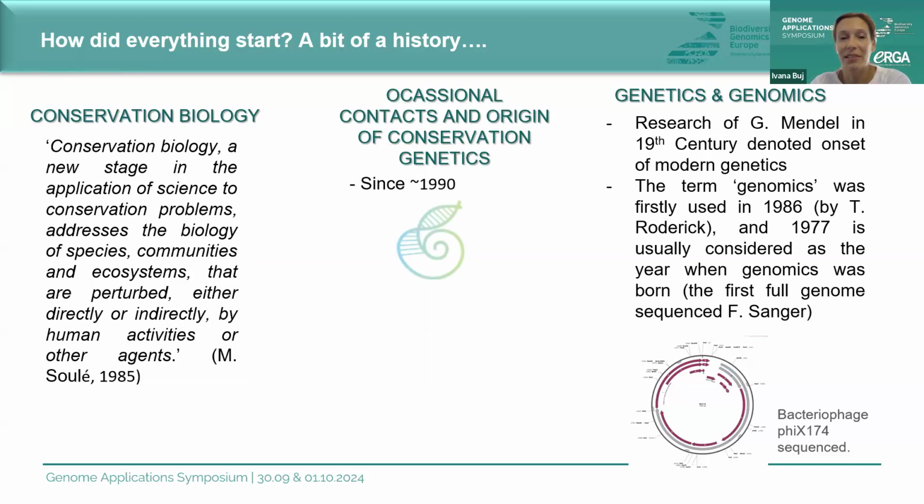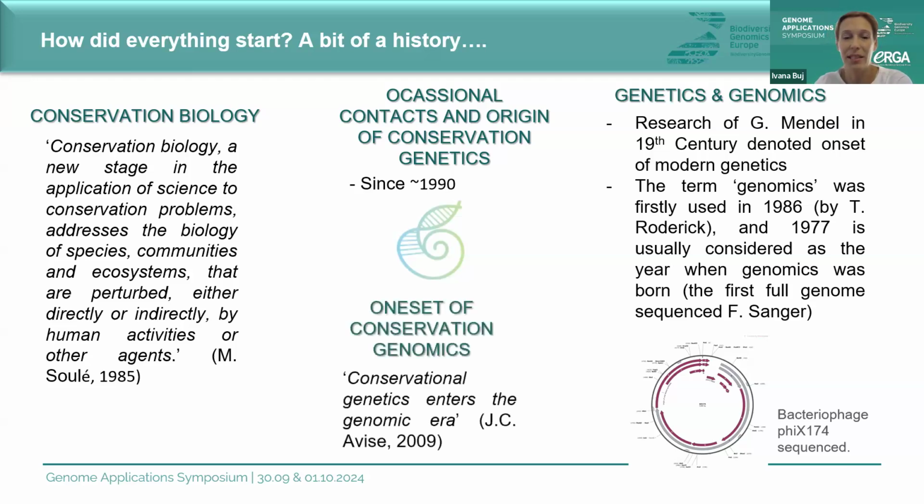This symbol nicely illustrates how DNA investigations are important for biodiversity description. Completely different teachers are teaching these subjects, so it is quite distinct still. Anyway, we wouldn't be here today if we didn't recognize the link between these two areas that eventually led to the onset of this new discipline, conservation genomics, which is even younger.